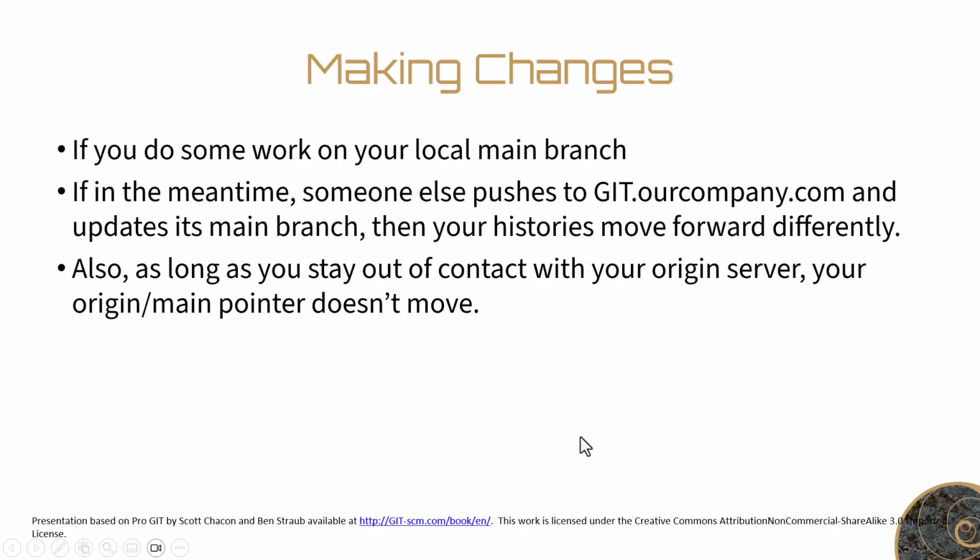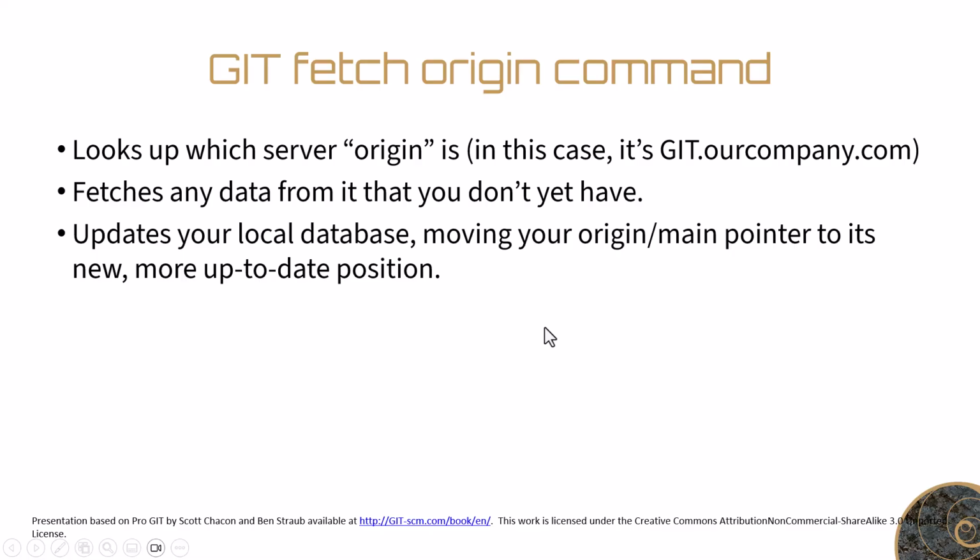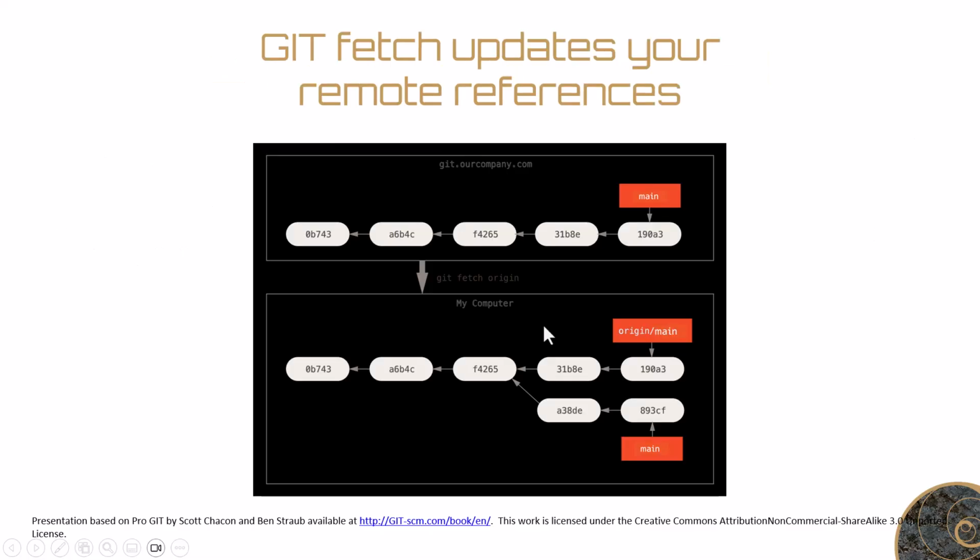Then we made a bunch of changes, and on our computer, we have main at a later commit than the origin. So we can do a fetch, and fetch updates everything. So let's see what that looks like.